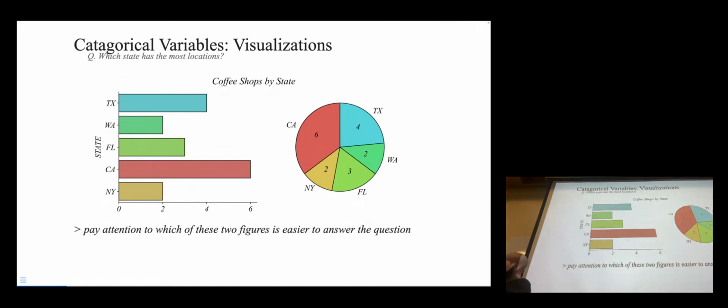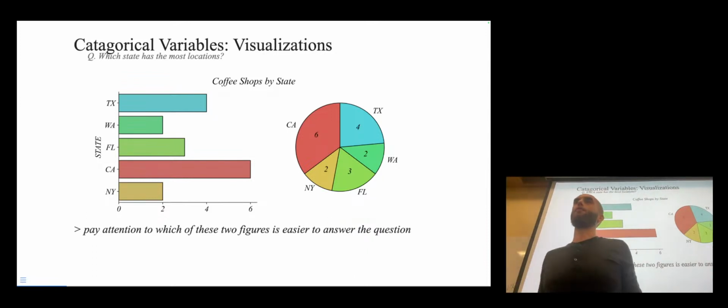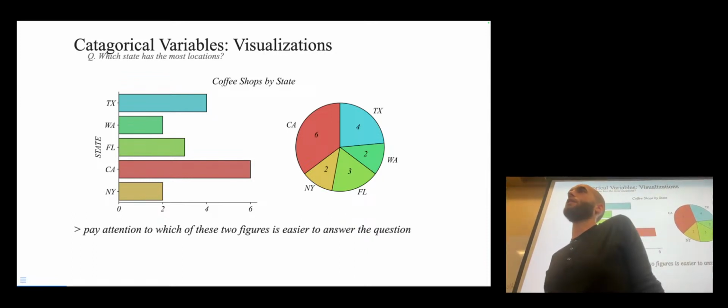What I want you to be thinking about is which of the figures that I'm presenting is the best and easiest visualization to understand the question at hand. So for this slide, the question is, which state has the most locations?